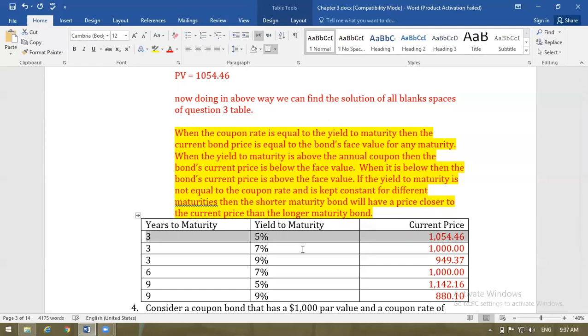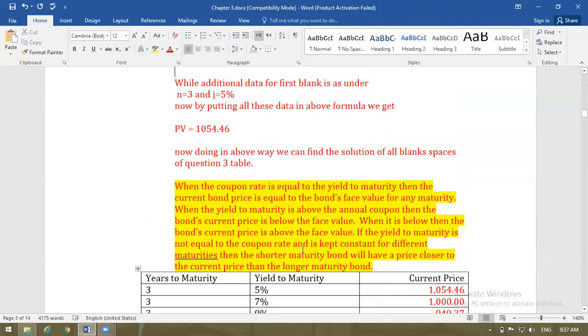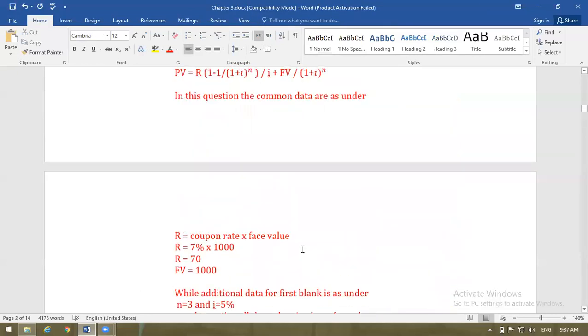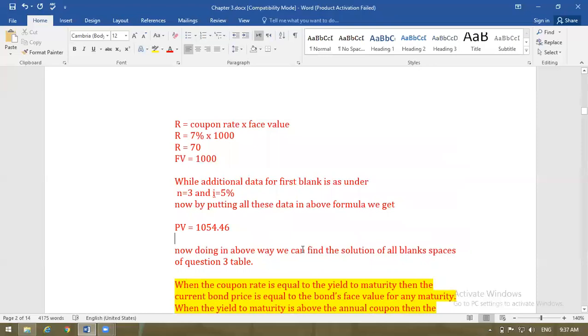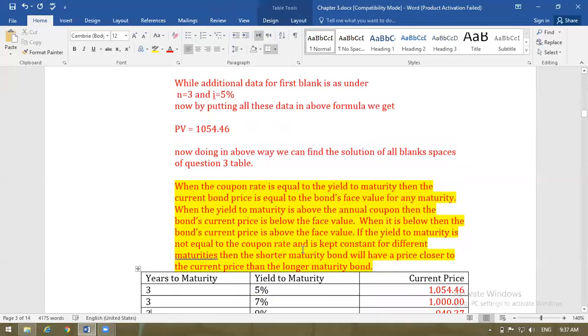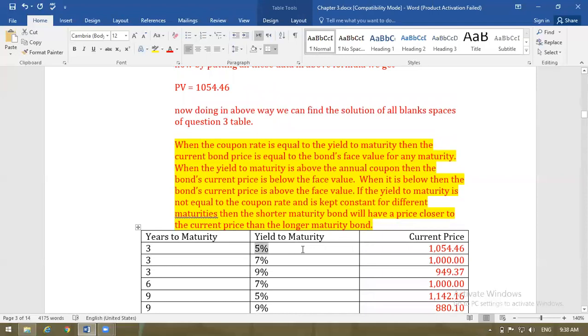By using these four pieces of information in this coupon bond formula, we can easily find the value 1054.46 for this first blank. Similarly, you can easily find all the others.